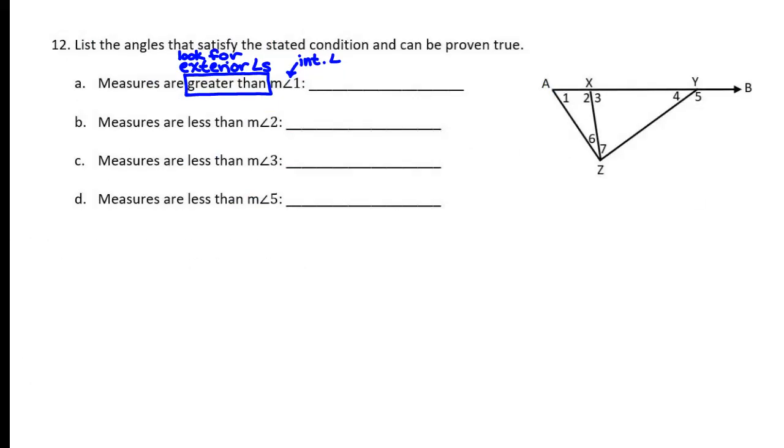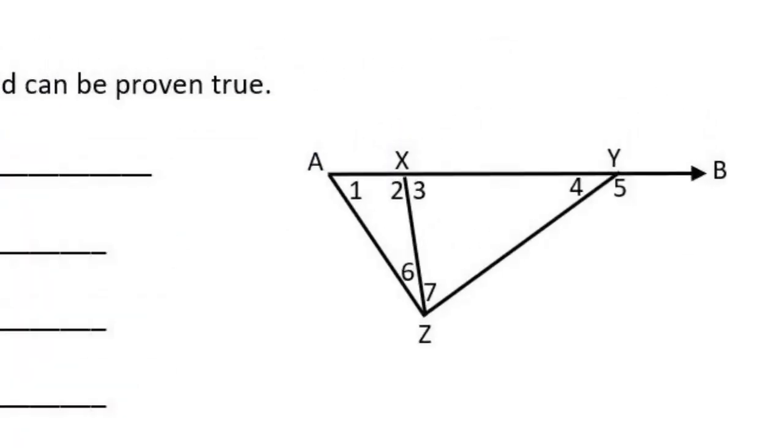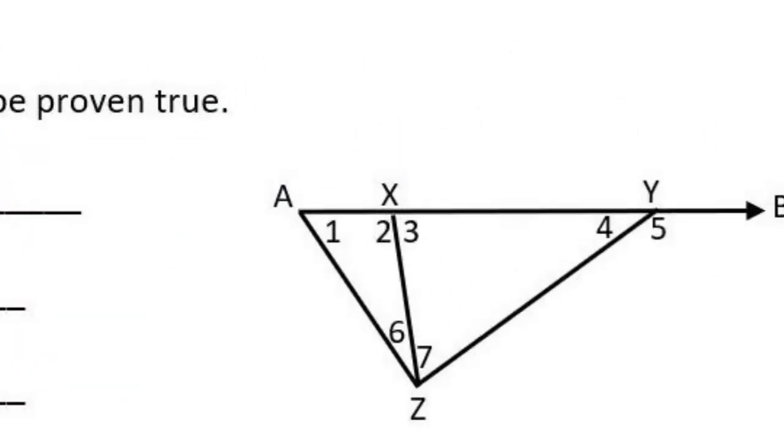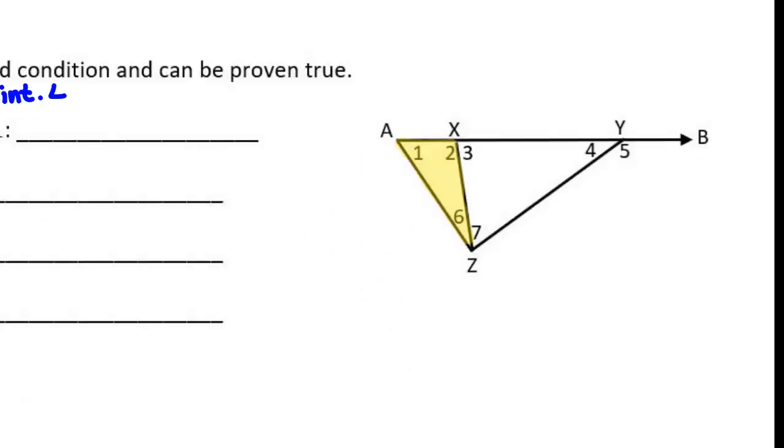That's really important when I come over here and I look at this picture. Angle 1 is inside this triangle right here. It's inside a larger triangle as well, but let's look at this little one first. I want to be looking for exterior angles so that I know that it is bigger than angle 1.